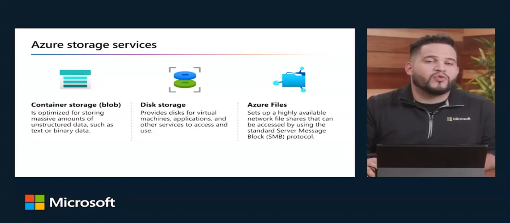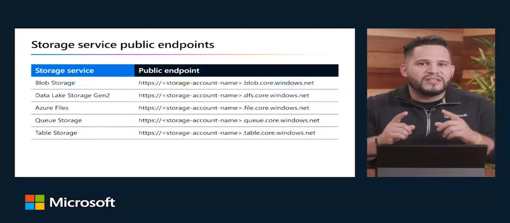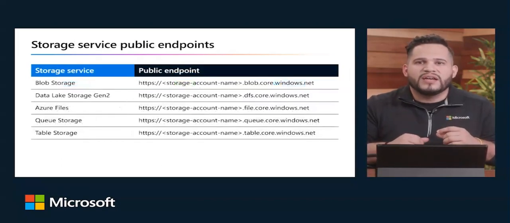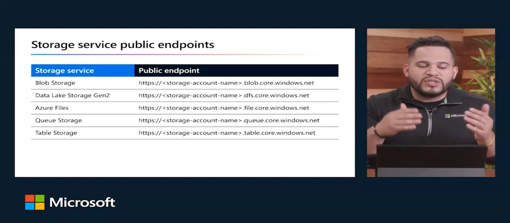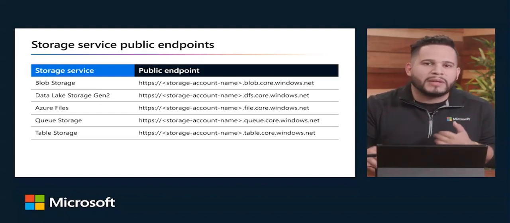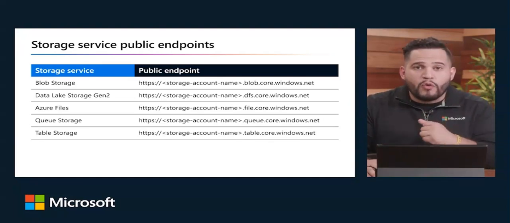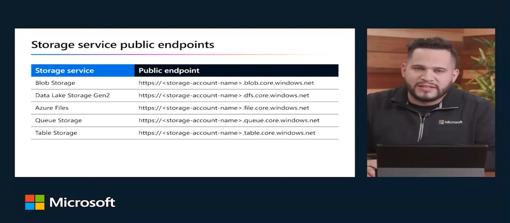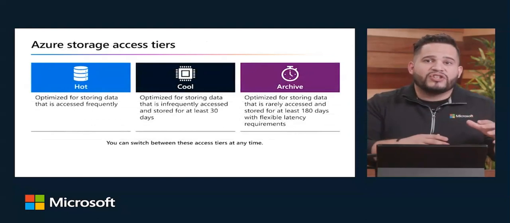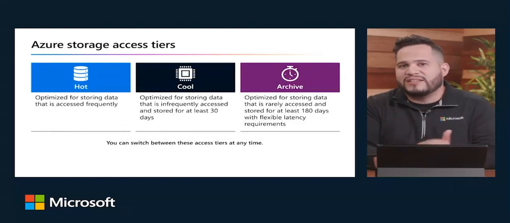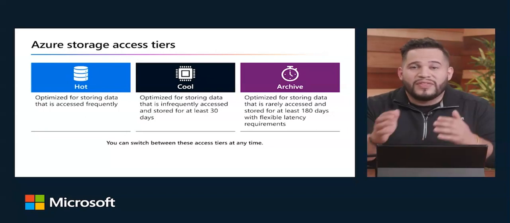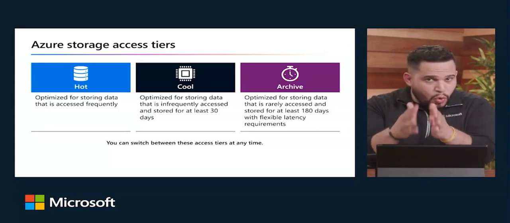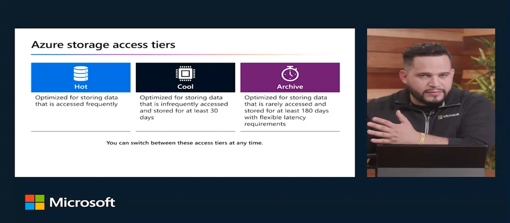And as we talk about storage, something else we have to consider in these storage services is something called access tiers. Here on the screen, you're going to see tons of different storage services and public endpoints. But your storage will also be in access tiers. And inside of Azure Storage, you have 3 different access tiers that you can choose from when storing your files. They're called Hot, Cool, and Archive.